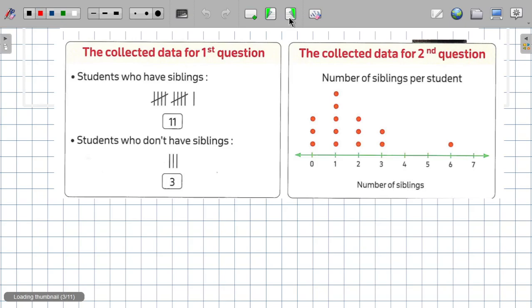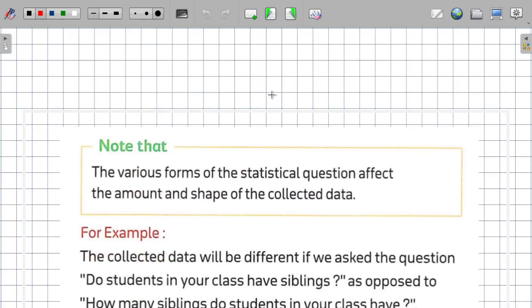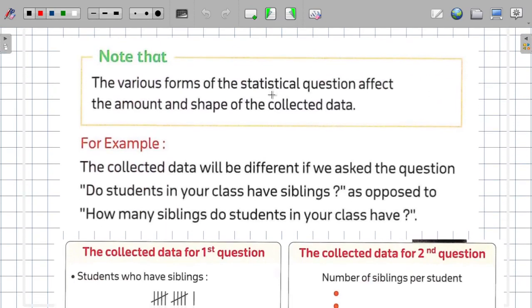Next, listen to this note. The various forms of statistical questions affect the amounts and shape of the collected data. So if I have an example like this, the collected data will be different depending on the form of the question.